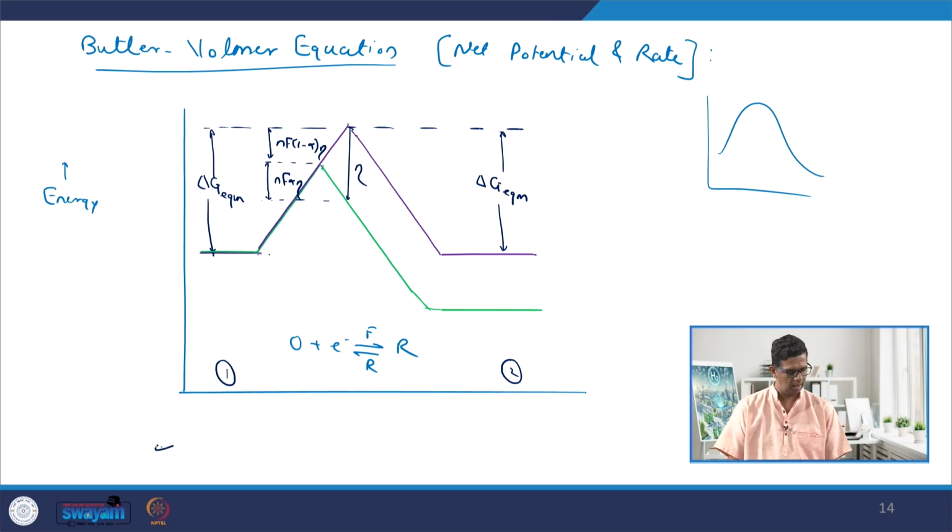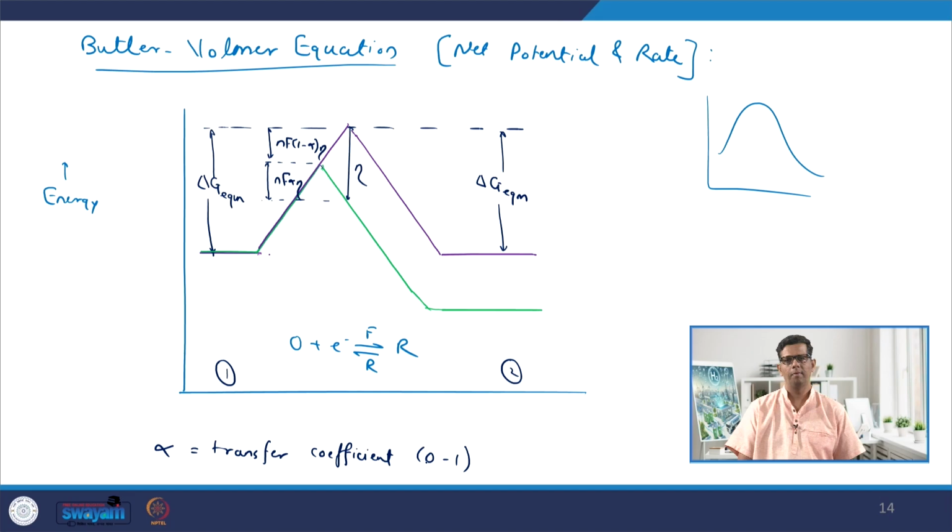So alpha is our transfer coefficient, typically ranging from 0 to 1, with approximate values around 0.5, and eta is the difference between E naught and E operating.